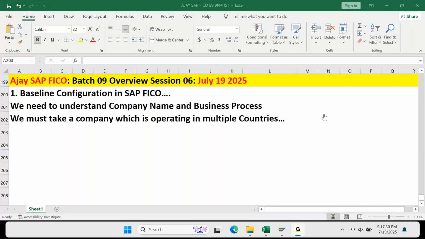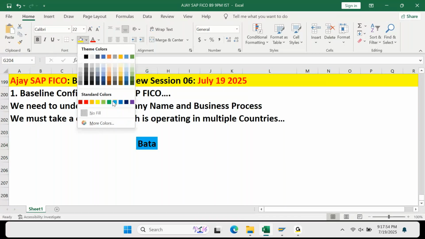Every point is interconnected. When we say every point is interconnected, you need to understand how a company is basically doing their business. First point, let's take Bata as an example. You can replace it with any company as per your understanding.